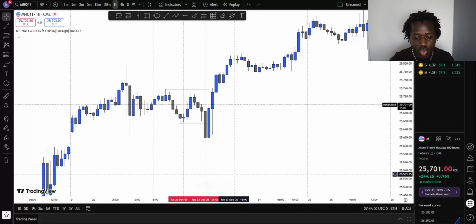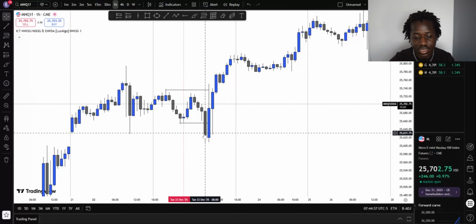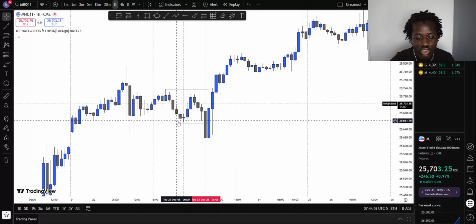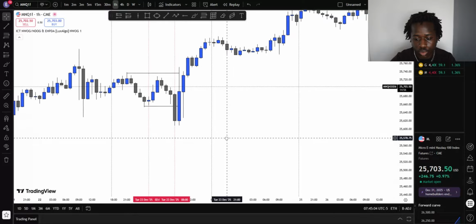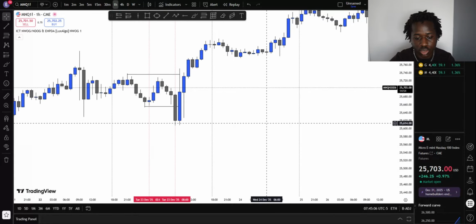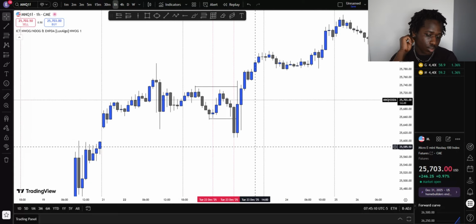You see that when the London session ends, price moves downwards and takes out the Asian session low, because price needs to do a liquidity sweep. There are a lot of people who have different reasons for why price sweeps liquidity, but simply put, and the definition you would hear everywhere, it's trader stop losses.